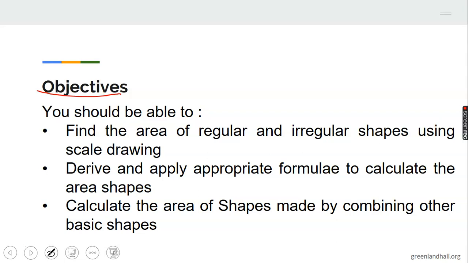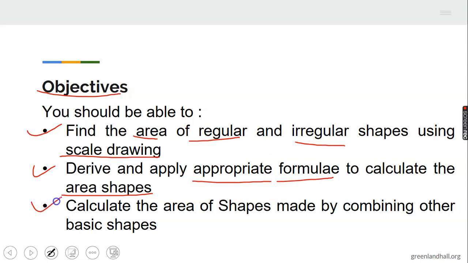At the end of this topic, you should be able to: 1. Find the area of regular and irregular shapes using scale drawing. 2. Derive appropriate formula to calculate area of shapes. We'll be applying formula to calculate our shape. 3.